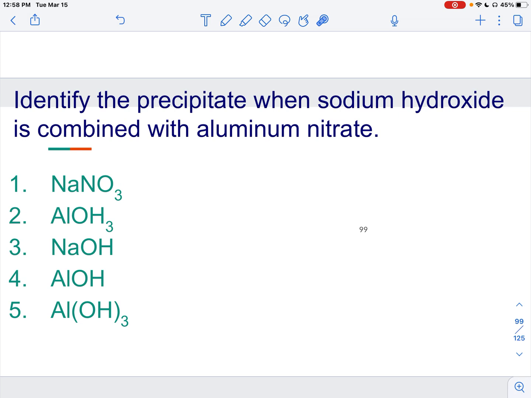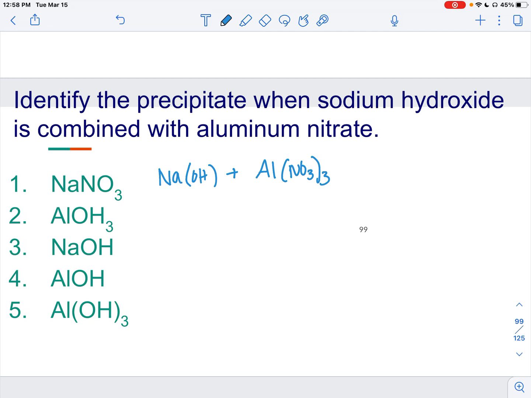Here's a quick question about precipitates. Sodium hydroxide combined with aluminum nitrate. So if you want, you can write the net ionic equation. Sodium hydroxide and aluminum nitrate.